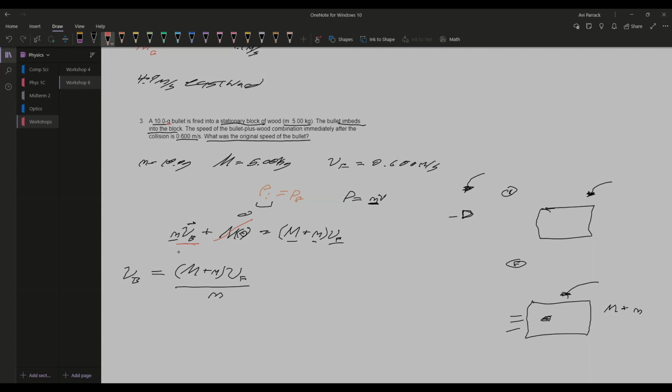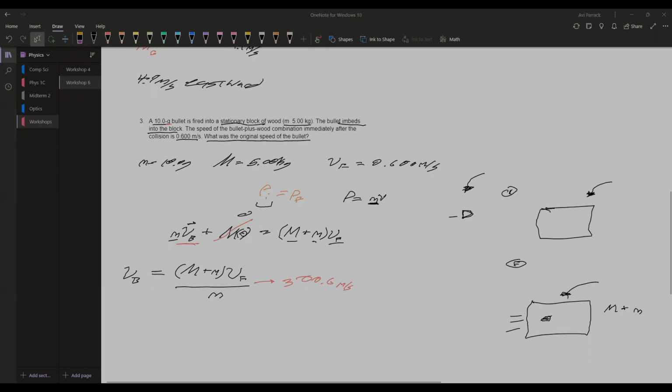Repunching it. Okay. All right. So I have a speed of 300.6 meters per second.